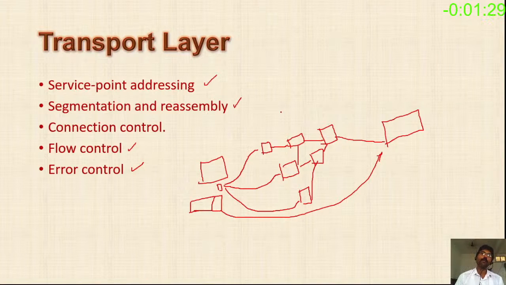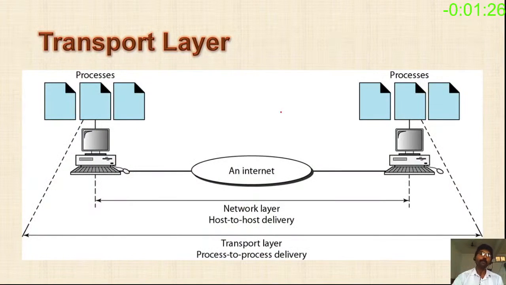What is the meaning of service point addressing? Now see, in your computer, you are running many applications. In a similar way, at the destination, it is also running many applications. So when these applications use the network for data transmission, it is the job of the network layer to transmit the data safely to the destination.